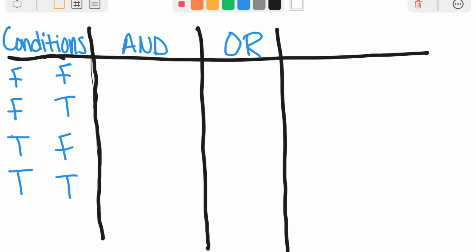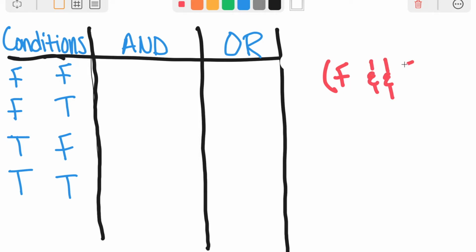So let's just go through here. So remember, AND has to be all true. So for this, if we have false and false, none of them are true. So this is false.